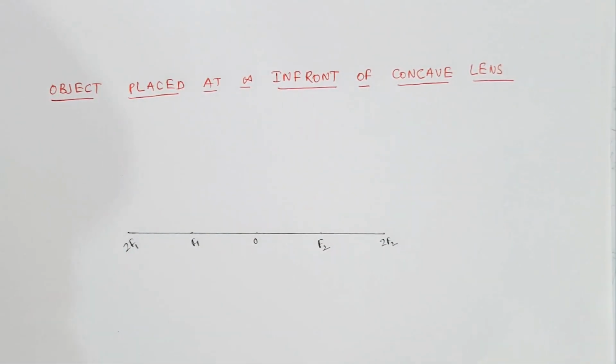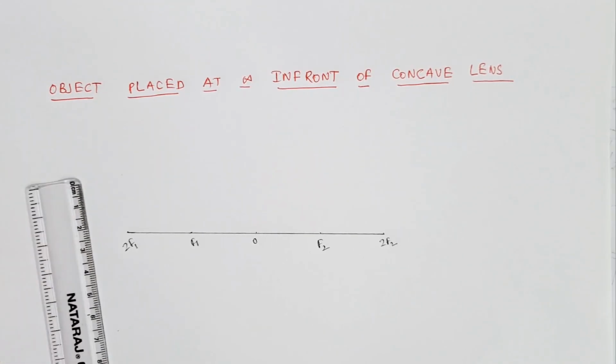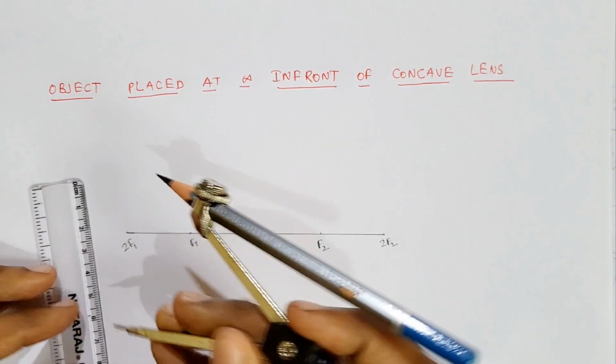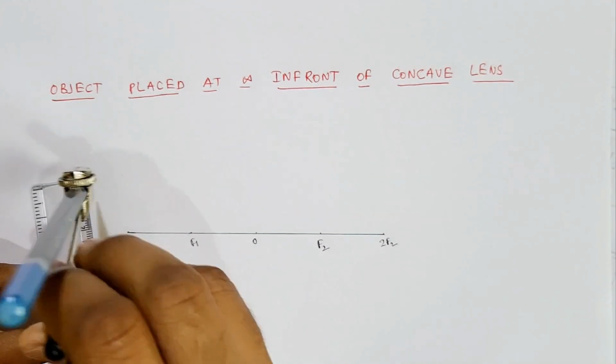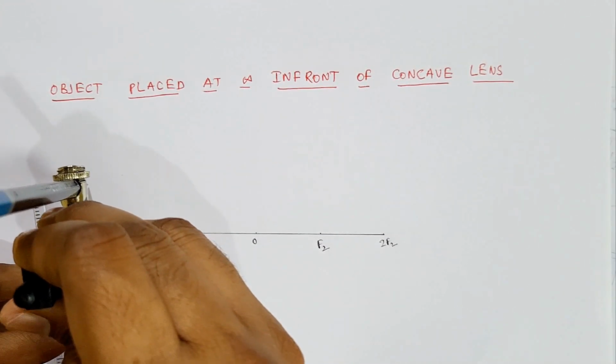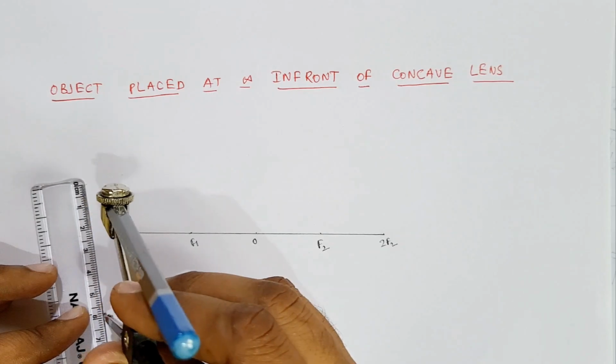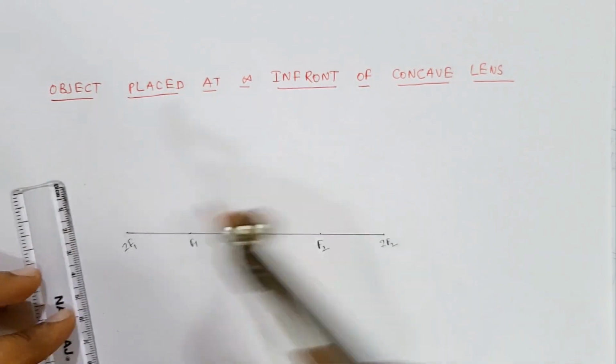Now you take a compass and take the radius of compass as 5.8 centimeters. Don't take 6.2 now. For convex lens we have to take 6.2. For concave lens we have to take 5.8.